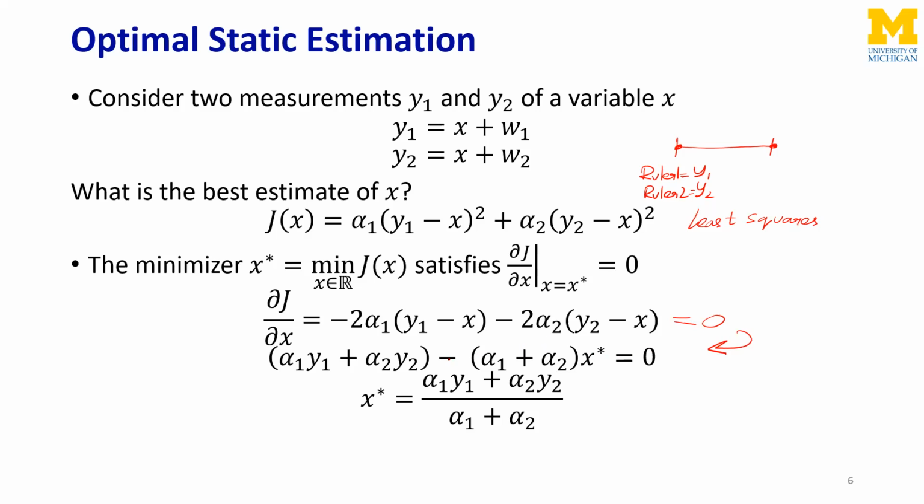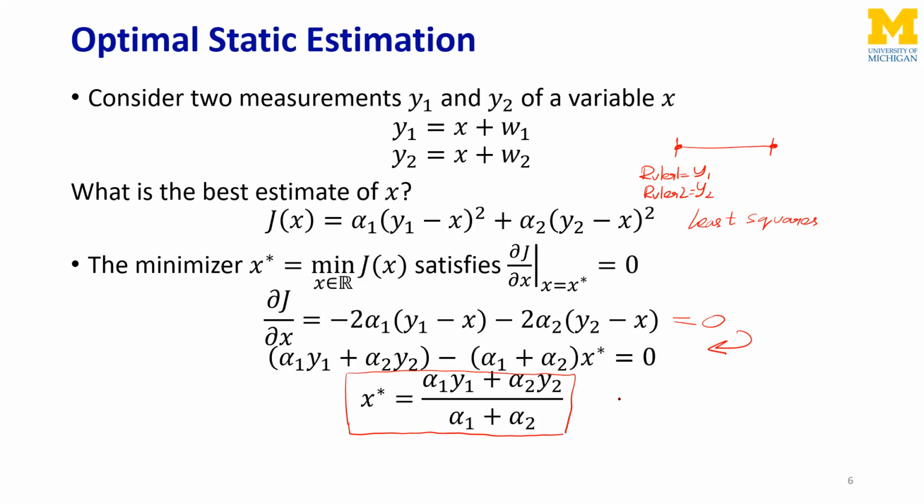And when I solve for X star, I end up getting this equation. So X star, which is the best estimate of the variable X using measurements Y1 and Y2, is given by alpha 1 over alpha 1 plus alpha 2 times Y1 plus the similar term for Y2.